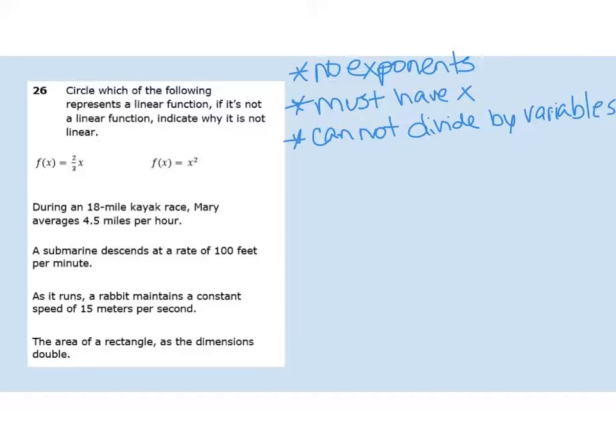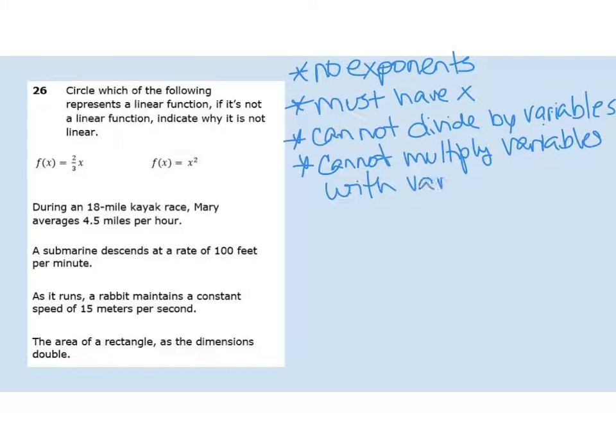The last thing is we also cannot multiply variables together. So you can multiply, but you can't multiply a letter with a letter.